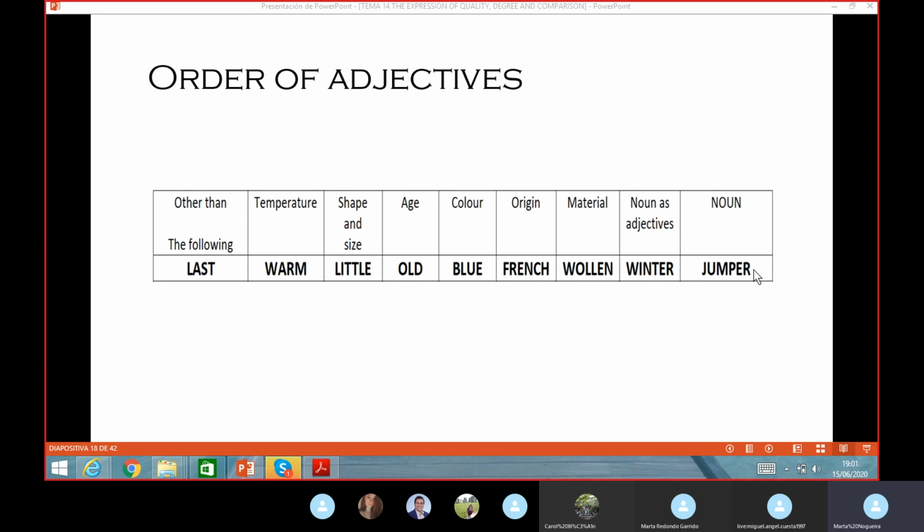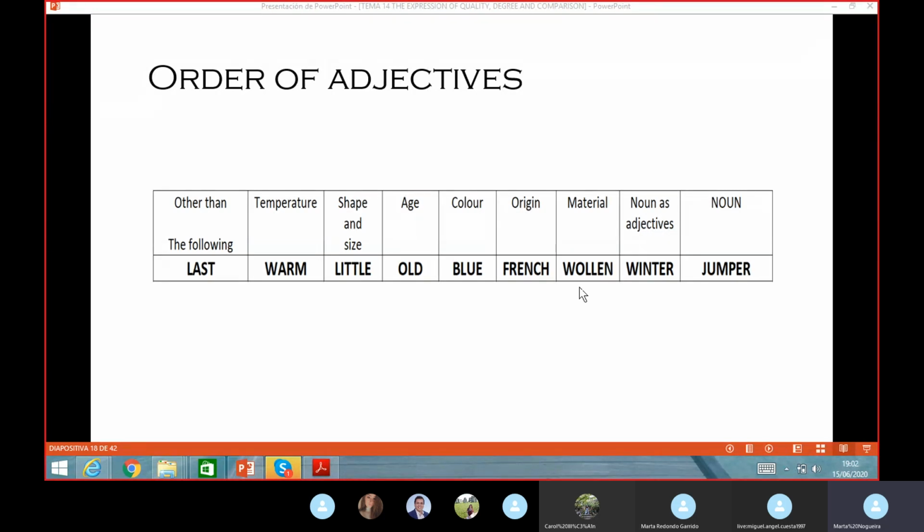Si tengo jumper, jersey, voy a tener other than the following, cualquier cosa que no esté en estas categorías va a estar aquí, ¿vale? Luego voy a tener temperatura, shape and size, la forma y el tamaño, la edad, el color, el origen o nacionalidad, el material y algún nombre que se utiliza como adjetivo.